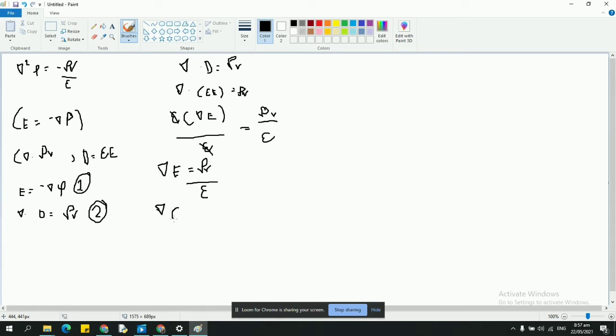And then, plug in equation 1, then we factor out del to get Poisson's equation.